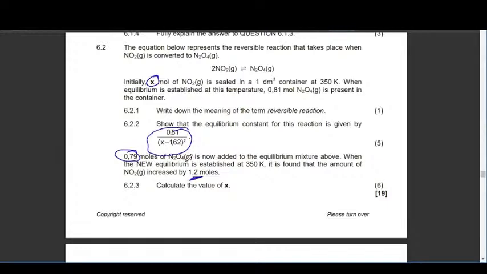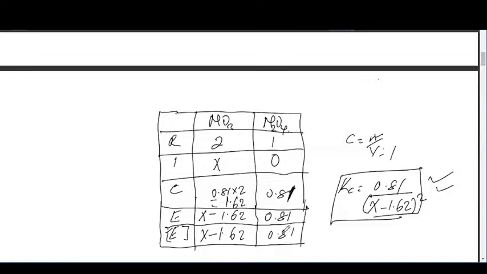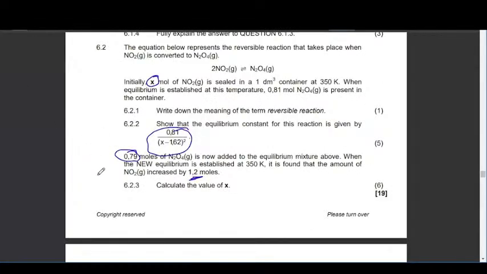0.79 moles of this were added to dinitrogen tetraoxide. So when I go back to this, which was at equilibrium, I added 0.79, because they said 0.79 was added when the mixture was at equilibrium.